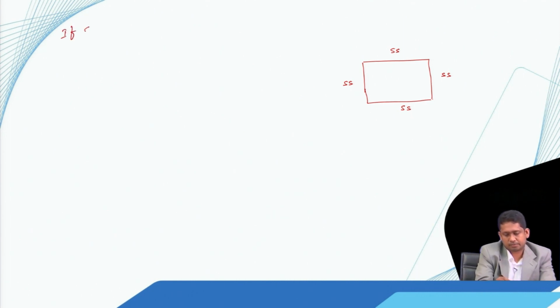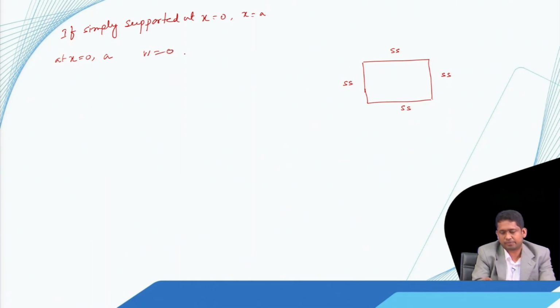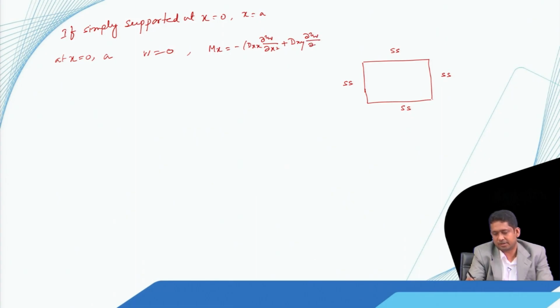So if simply supported at x equal to 0, x equal to a, in that case we know that the boundary conditions are, at x equal to 0 and x equal to a, w is 0, and Mx, which is equal to minus Dxx del 2w by del x2 plus Dxy del 2w by del y2, is equal to 0.